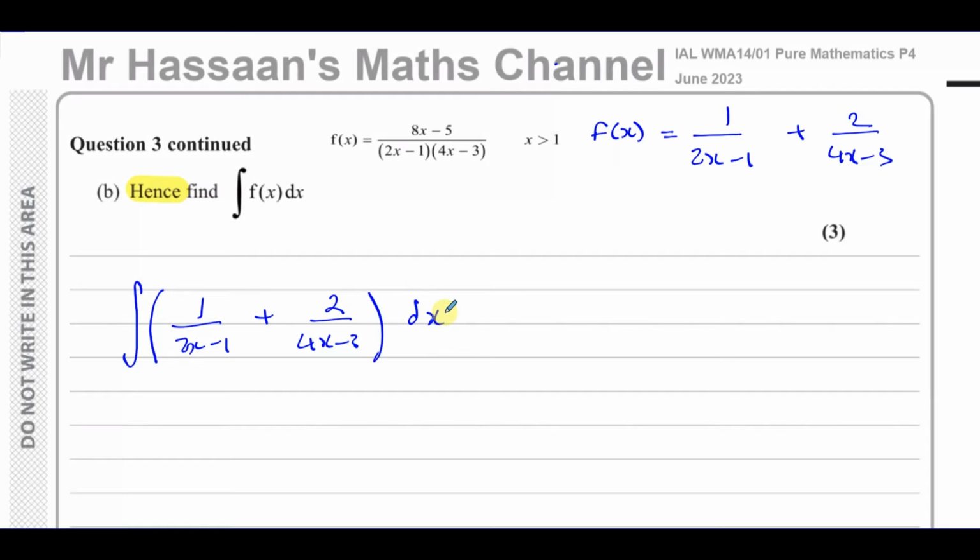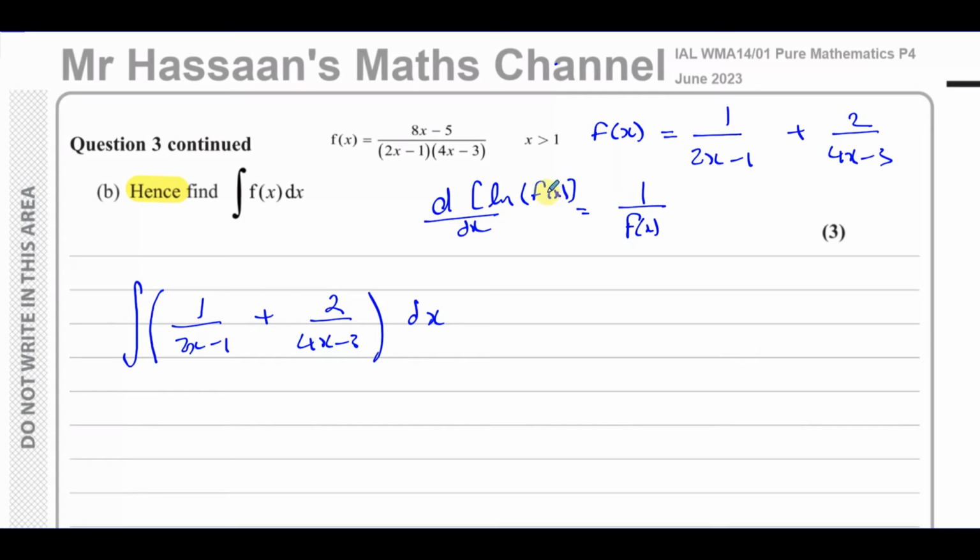So to integrate something like this, what we realize here is this is of a particular form where we can reverse the chain rule. Now, what we should understand is when you differentiate something like the ln of some function of x with respect to x, you always end up with 1 over the thing that's inside that function.